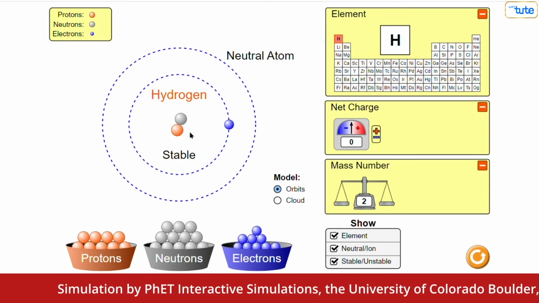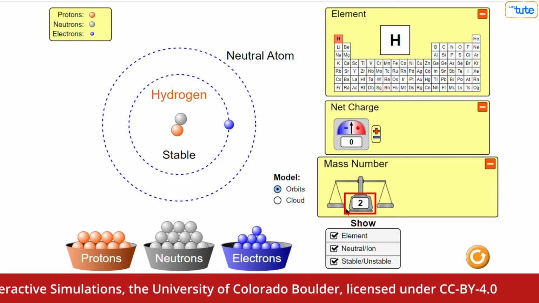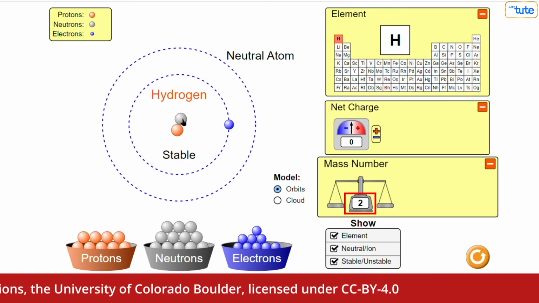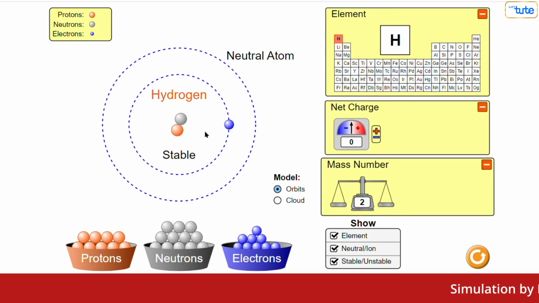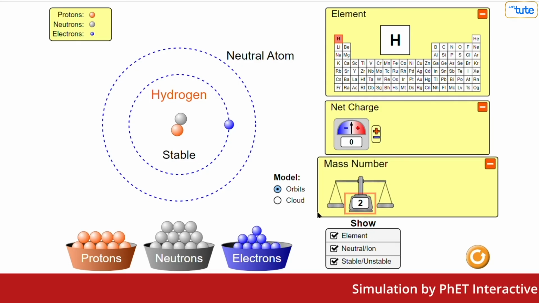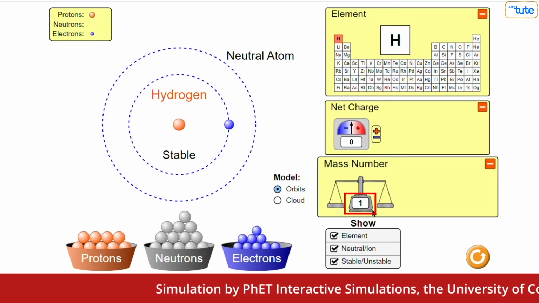See, nucleus is still stable, but the mass number is changed, because neutron and proton have their own masses. If we change the number of protons or neutrons, the mass number of an atom will also change. Here, hydrogen atom has mass number 2. If you remove the neutron, the mass number will be 1.